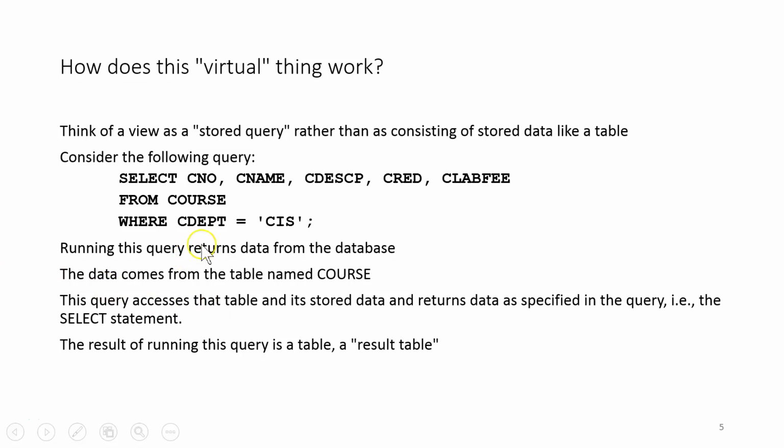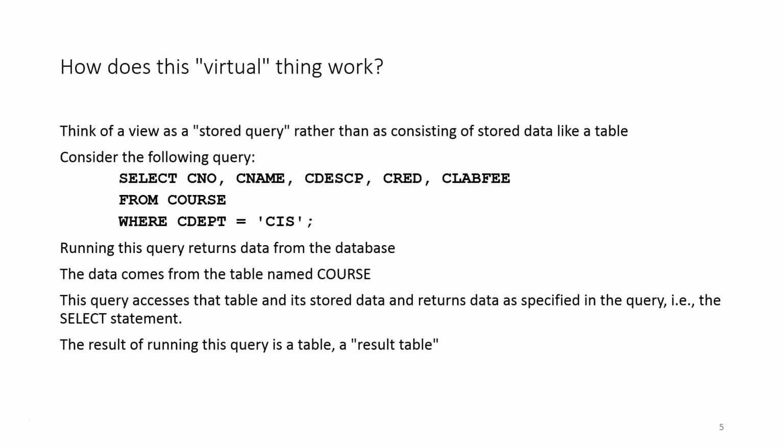Well, suppose right now there are 6 rows that satisfy this condition of C department equal to CIS. But we run this same query tomorrow, next week, next month, and all of a sudden 8 rows are returned because CIS has started to offer additional courses.